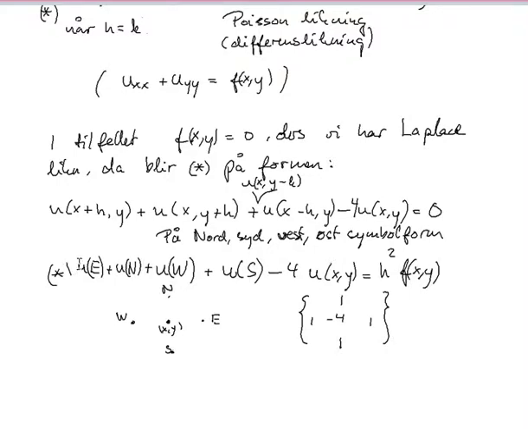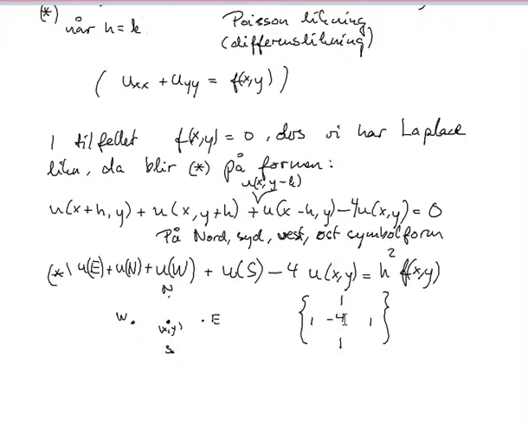So if we consider the coefficients on u_E, u_N, u_W, u_S, and the u in the middle point, then we obtain that all these four coefficients are equal to 1, and this coefficient is equal to -4.